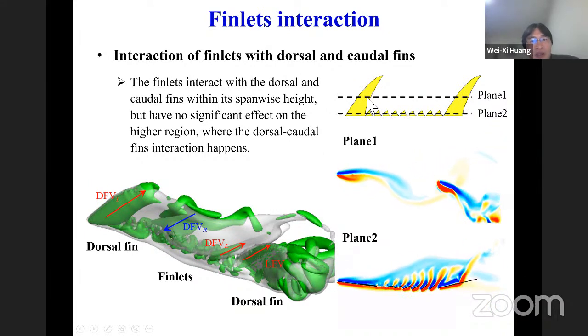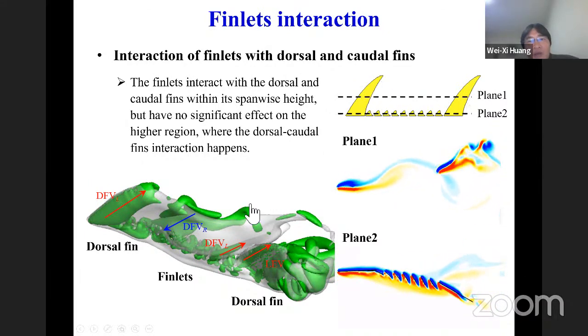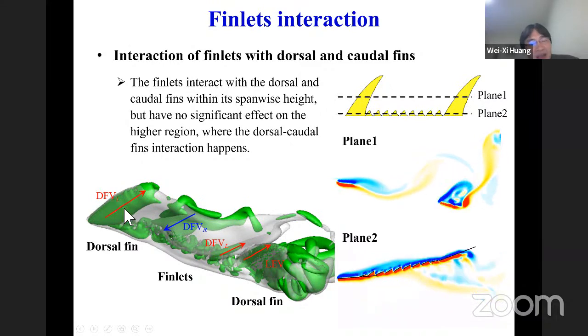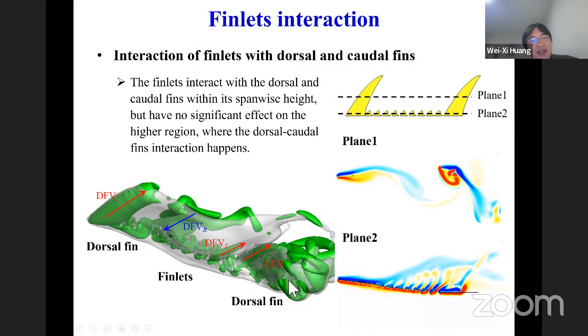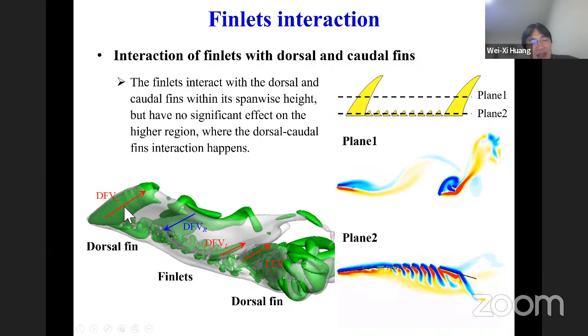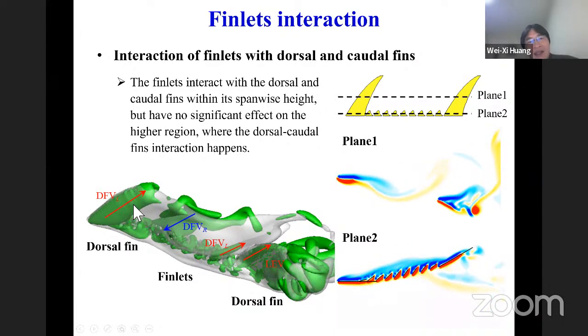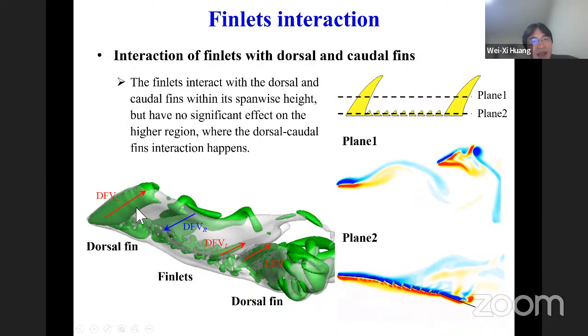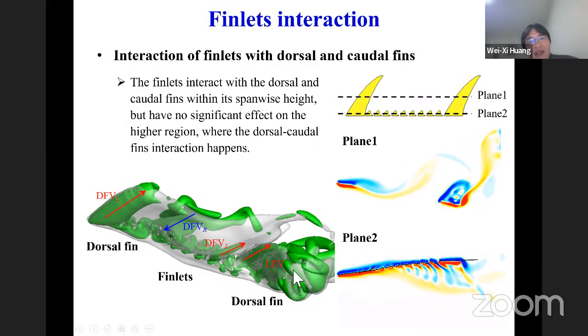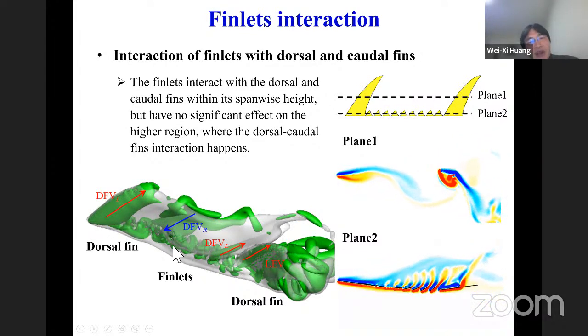The dorsal fin and the caudal fin interaction we may consider separately, and it's not much affected by the existence of the finlets.